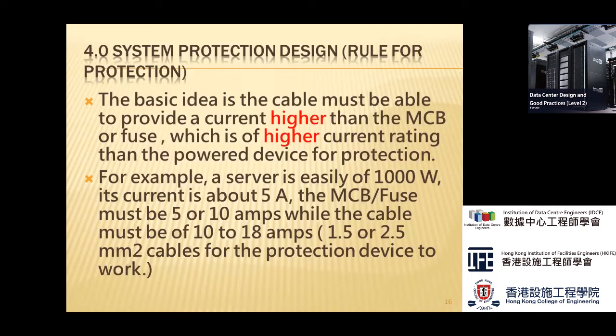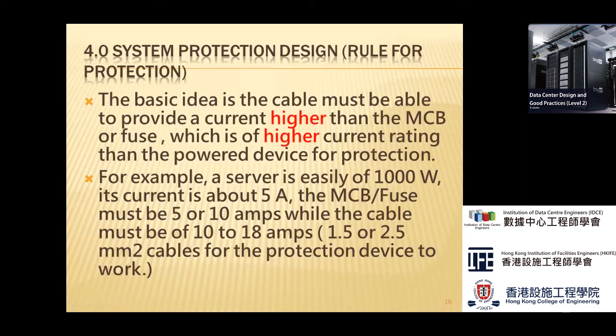Okay, so the next one is about, for example, a server, which is just for example 1000 watts or 1 kilowatt. If you divide by the 220 volt, you get a current of about 5 amp. So the MCB or fuse must be either 5 or bigger, like 10 amps, right?